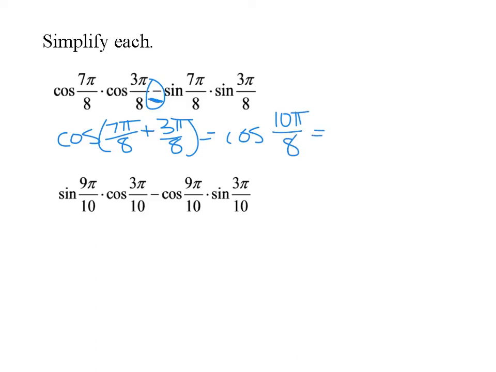We can simplify that, reduce it down to 5 pi over 4. And 5 pi over 4 is on our unit circle, and the cosine of 5 pi over 4 is negative root 2 over 2.